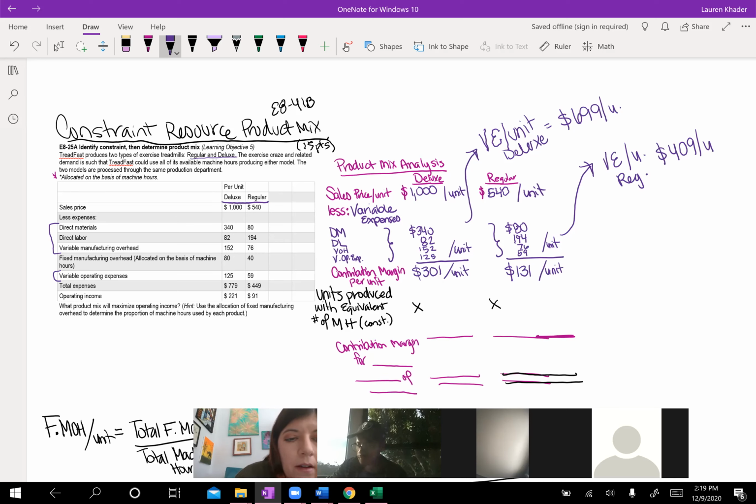What product mix will maximize operating income? Hint, use the allocation of fixed manufacturing overhead to determine the proportion of machine hours used by each product. So notice that fixed manufacturing overhead is allocated on the basis of machine hours.